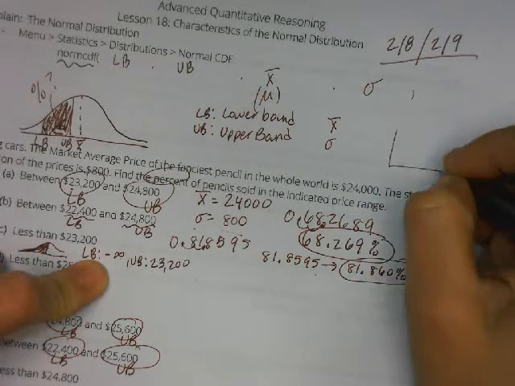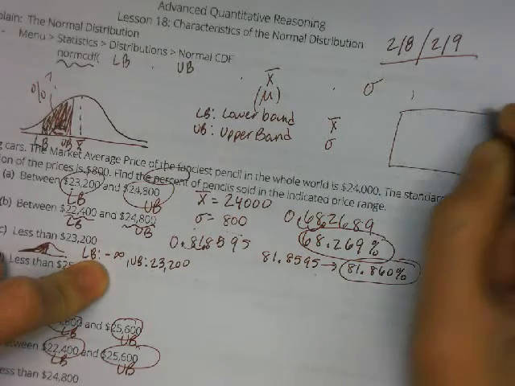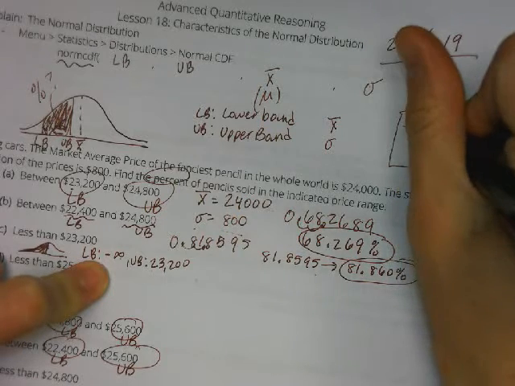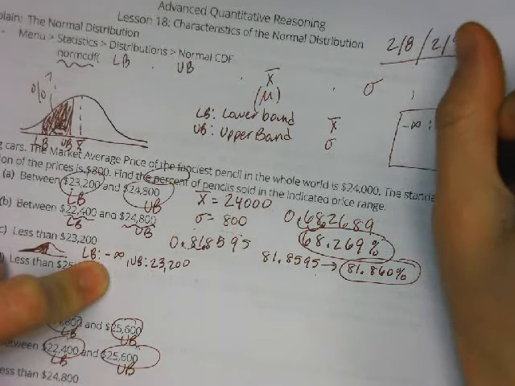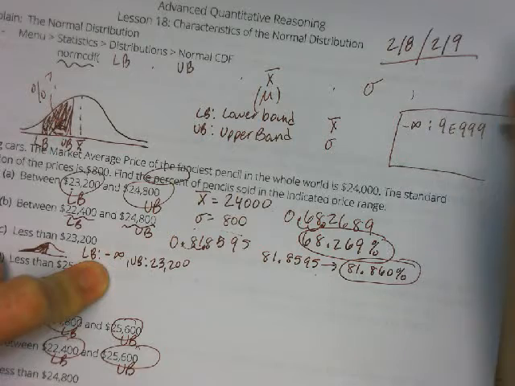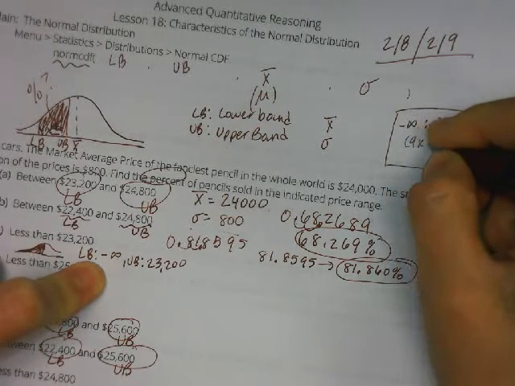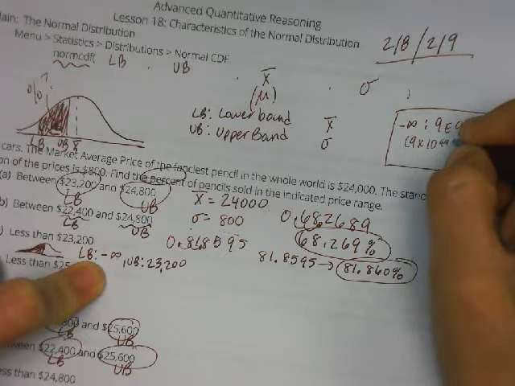So instead of giving your calculator infinity or negative infinity, you're going to give the calculator a really big number that acts like negative or positive infinity. So negative infinity, instead of that, we're going to say 9e999, which is scientific notation for 9 times 10 to the 999th power.